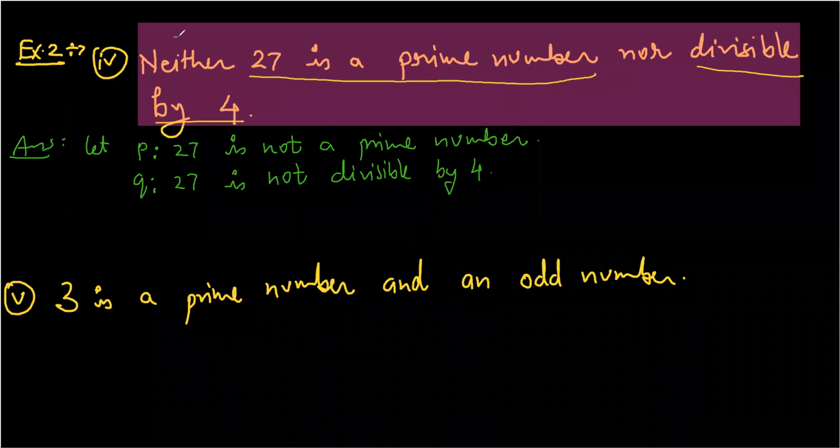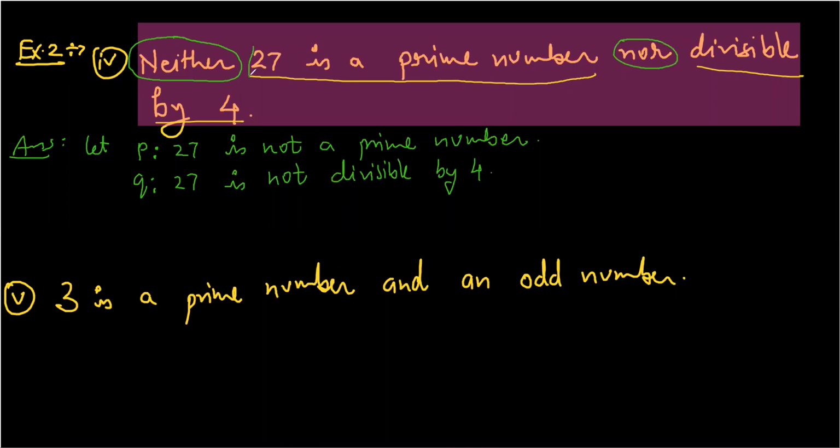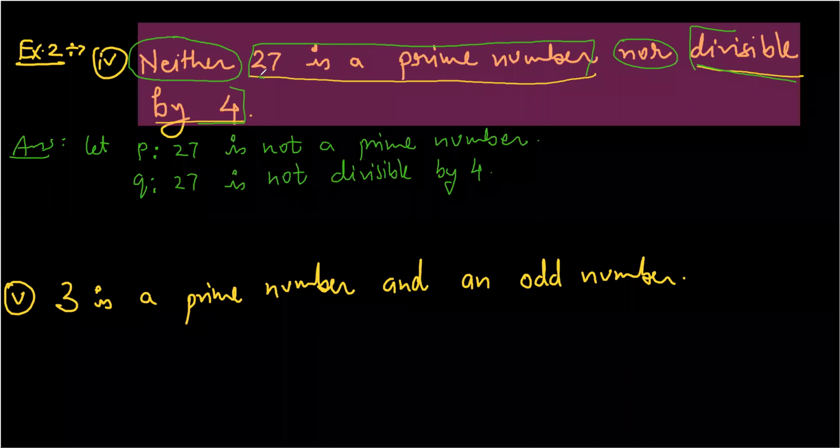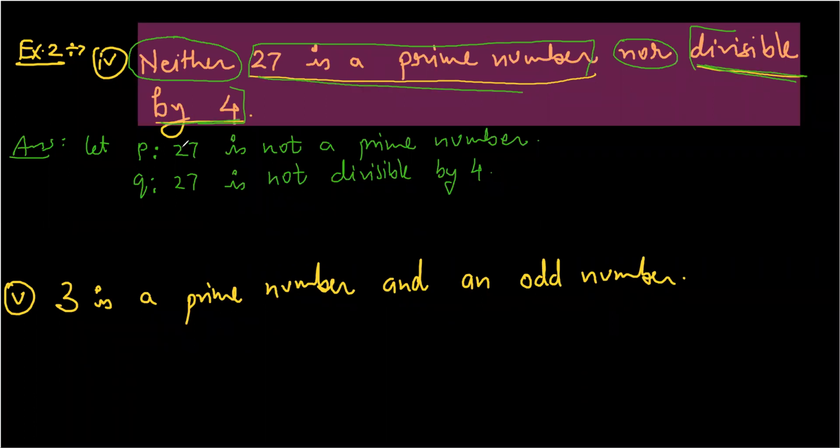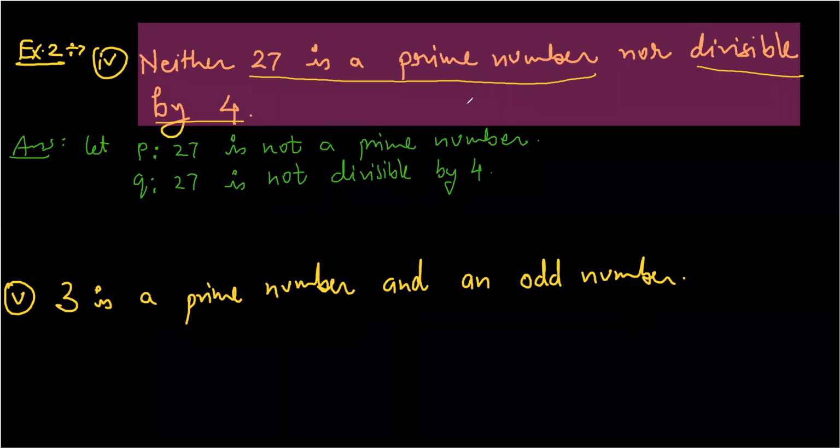The reason was it is neither nor. That is, neither it is this nor it is this. Neither it is a prime number nor it is divisible by 4. 27 is not a prime number and 27 is not divisible by 4. So you can write a statement using neither nor, or you can write it like this.